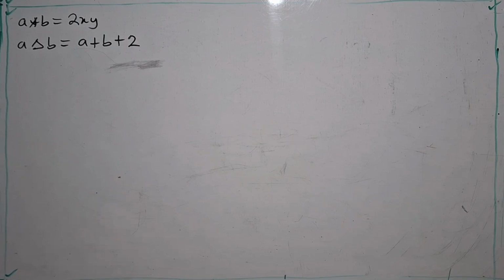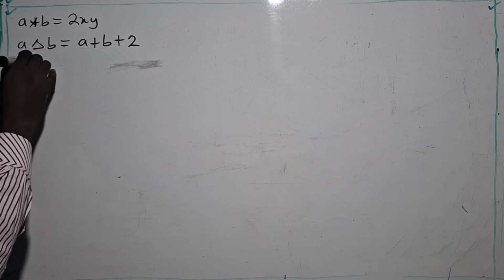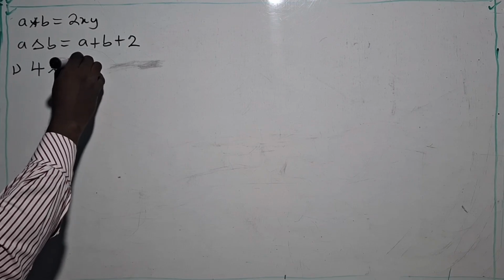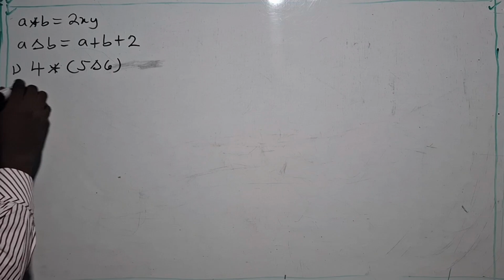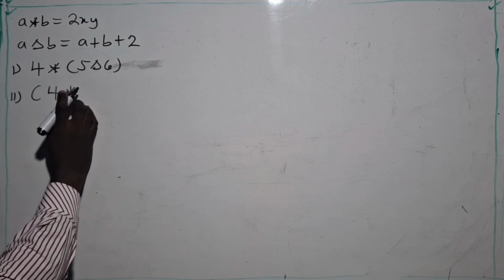Yes, A plus B plus 2. So we have to evaluate I. So the I is for operation 6, II, so bracket open, 4 operation 5.